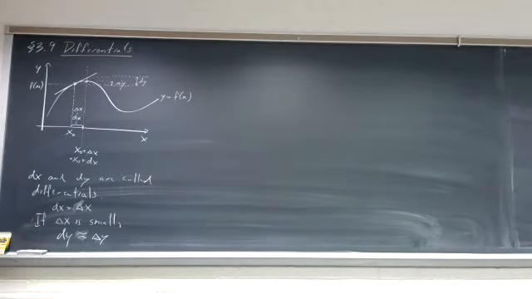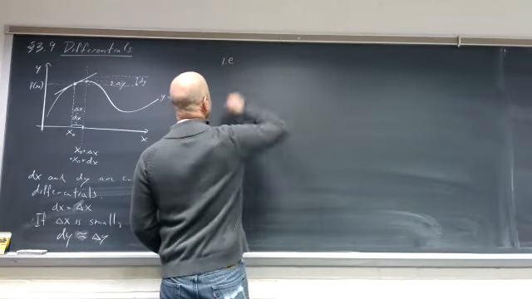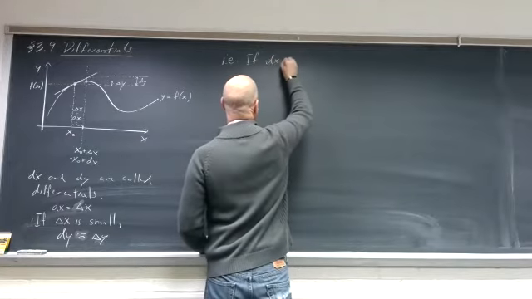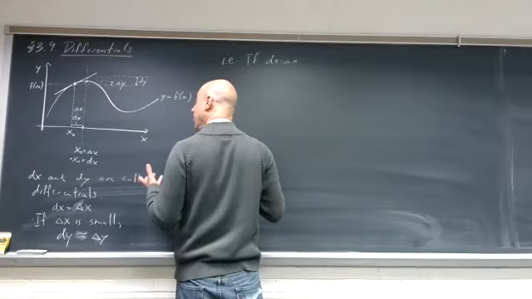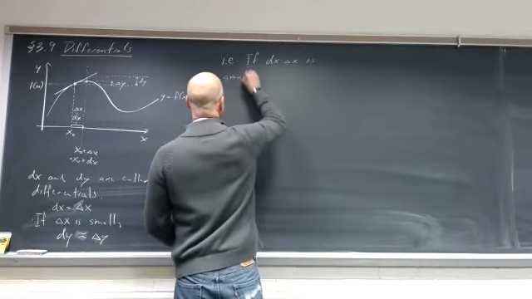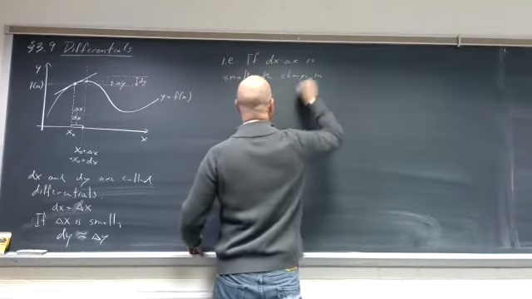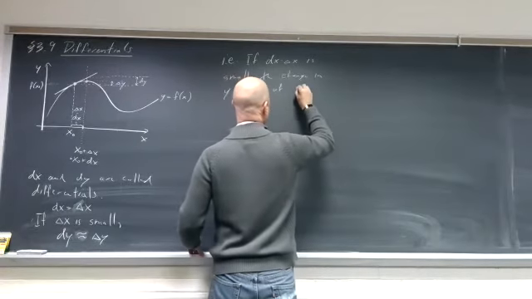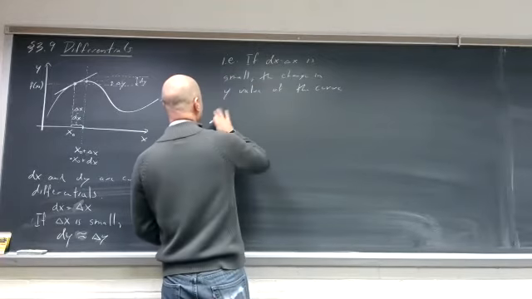In other words, in basic English, if dx or delta x is small, if the amount we move over on the curve is relatively small, the change in y value of the curve is approximated by the change in y value of the line.